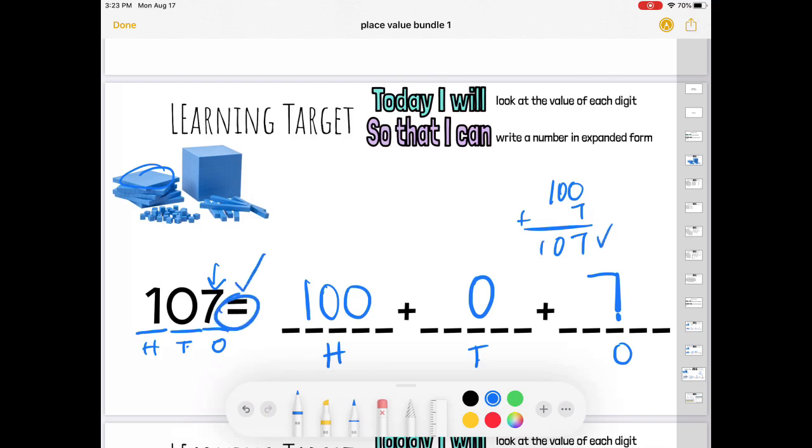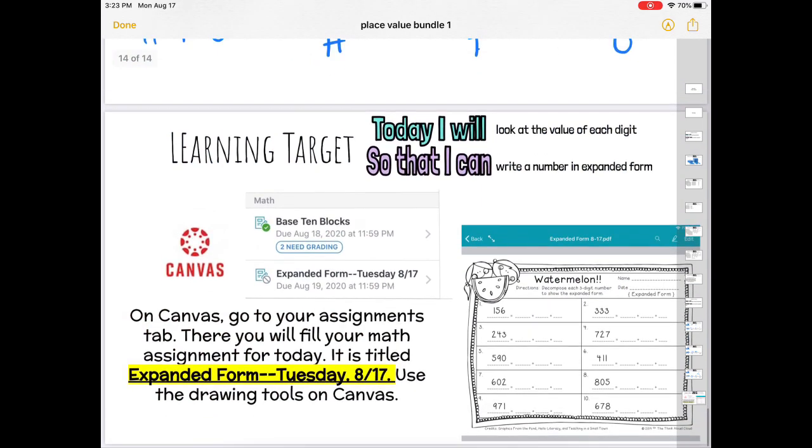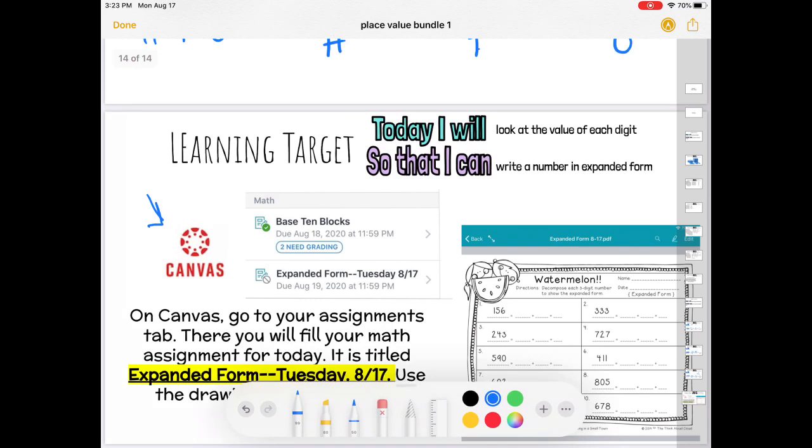They both are equal. So today, you're going to go to your assignment on Canvas. Remember, that is what Canvas looks like. And under the Assignments tab, or you can look on the daily checklist, you are going to go to where it says Expanded Form, Tuesday, 8/17.